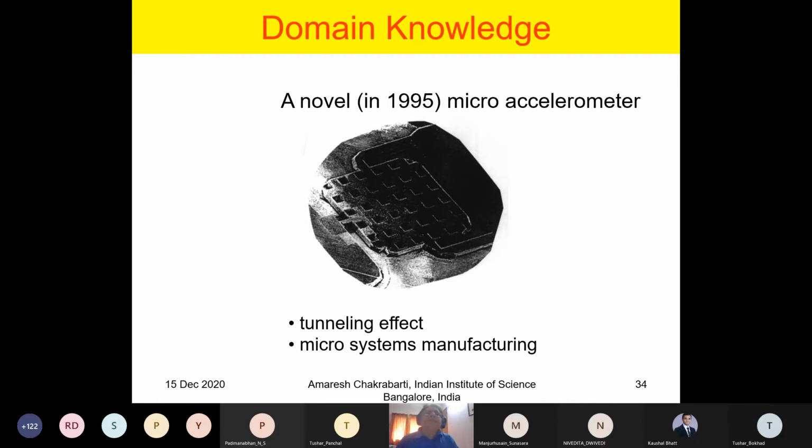So this is an acceleration measurement instrument which is used in airbags, for example. When cars meet with an accident and they have to suddenly stop, the velocity change is sudden, and that sudden change is sensed by this measuring instrument, which then operates a switch to open an airbag.